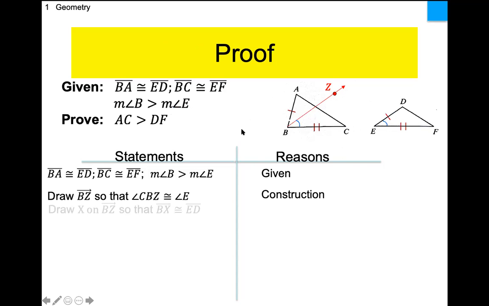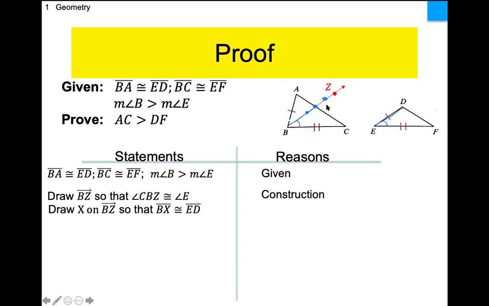Okay. The next thing I'm going to do is put an X on BZ somewhere. I know that there is a distance, ED. I can measure that distance, and I'm going to find that distance here on BZ. Well, here's the issue: I don't know exactly where it's going to wind up. It could wind up here, it could wind up here, or it could wind up exactly right here on AC.